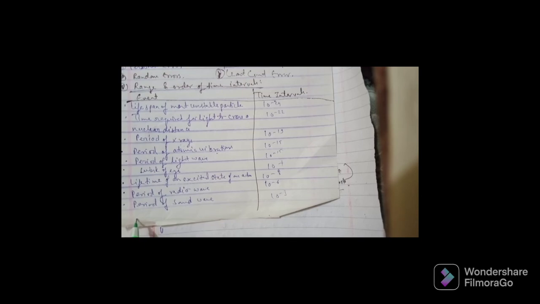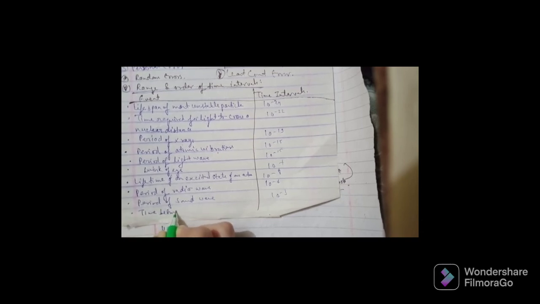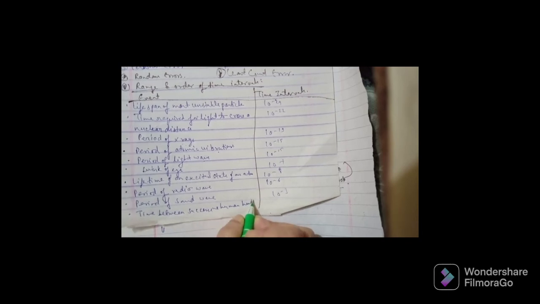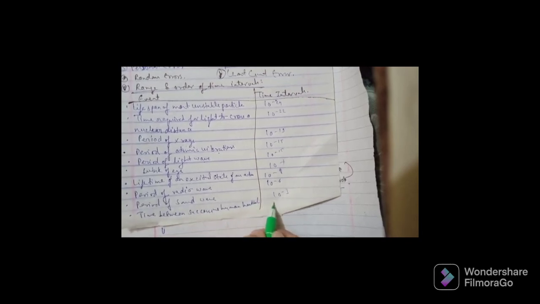Then we have time between successive human heartbeats, that is 10 to the power 0.